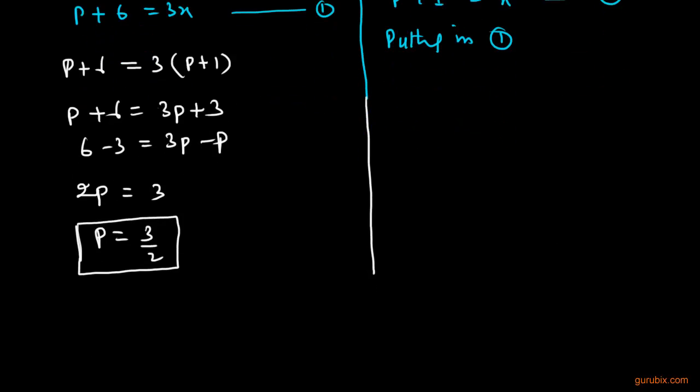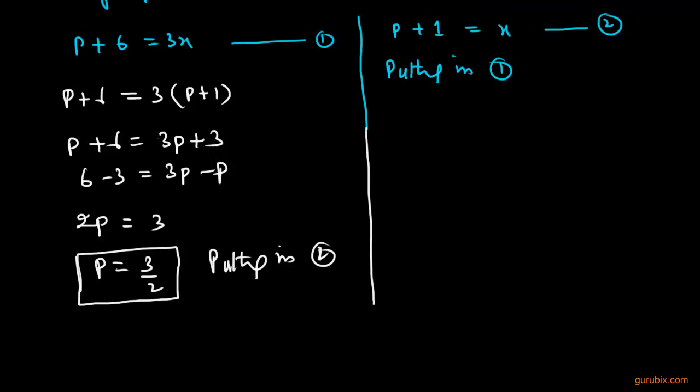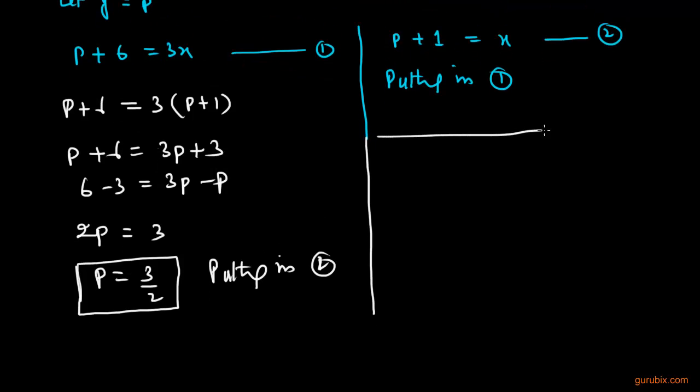And now we shall put this value in equation number 2 to get the value of x. Putting in equation 2, we get x = 3/2 + 1. This means 5/2.